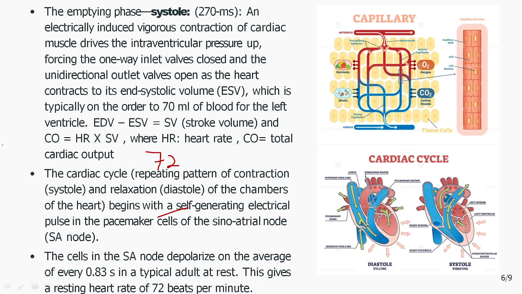This action potential repeats after every 0.83 seconds, and it starts from the SA node of our heart, which is present on the right atrium. This gives an at-rest heart rate of 72 beats per minute.